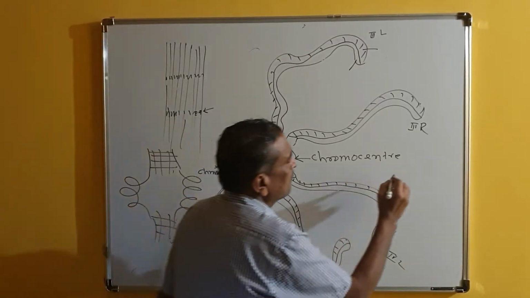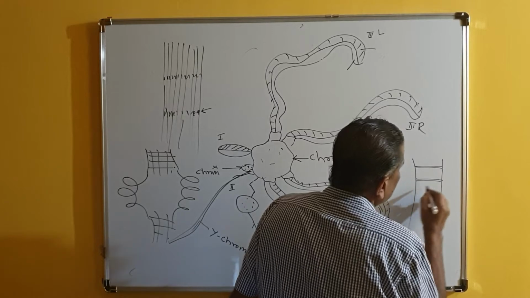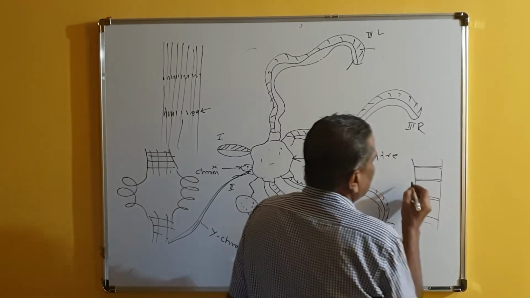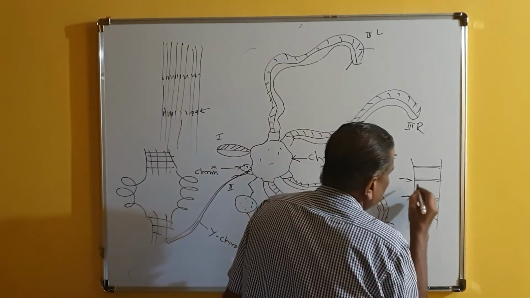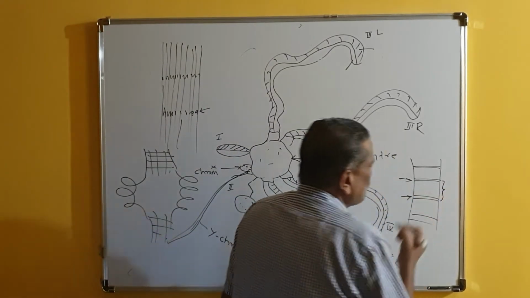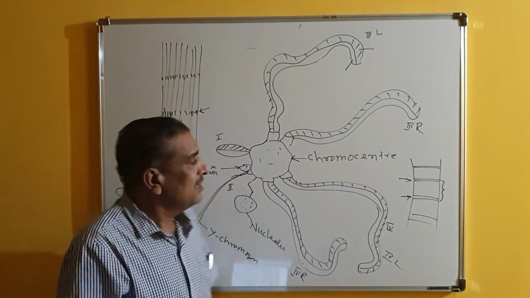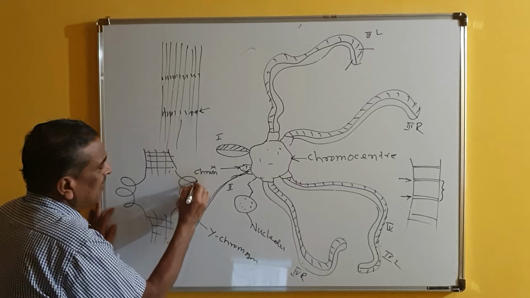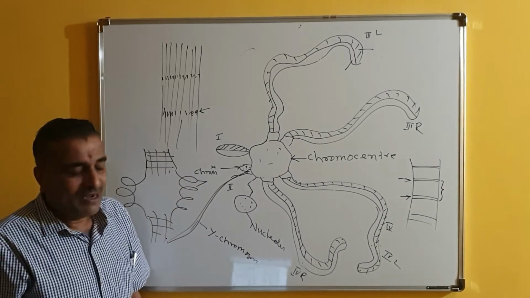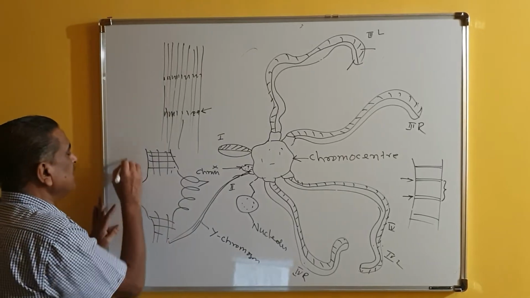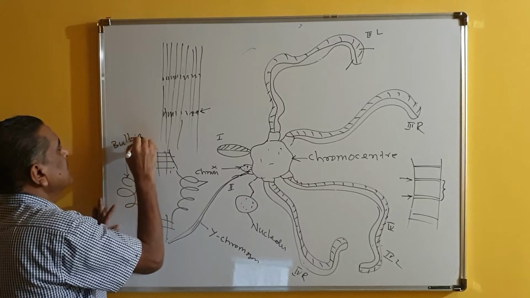So for example, if you see the chromosome here, you will find the dark area like this, and this is called as band area. The area present between 2 successive bands is called as interband area, and in the interband area you will find innumerable balloon-like structures, and these balloon-like structures are called as Balbiani rings.